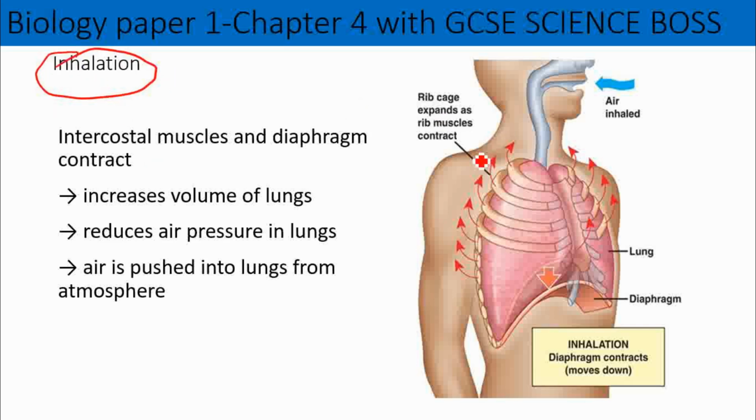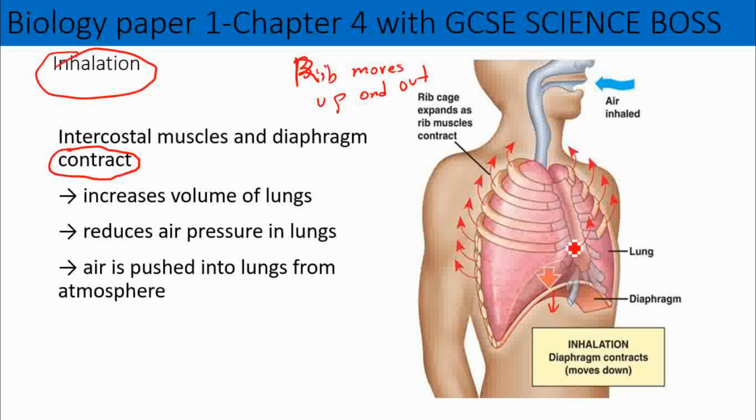So firstly, now we're going to be looking at inhalation. So how do you inhale? Now, when you inhale, it has to do with contraction of the muscles. So the intercostal muscles and the diaphragm, they both contract. Now when contraction happens, your rib cage moves up and out, and your diaphragm contracts and moves down.